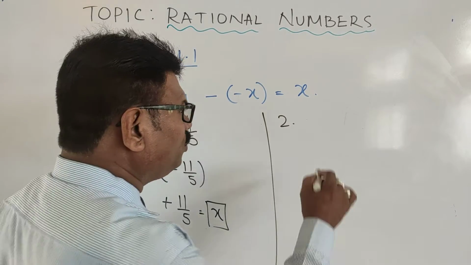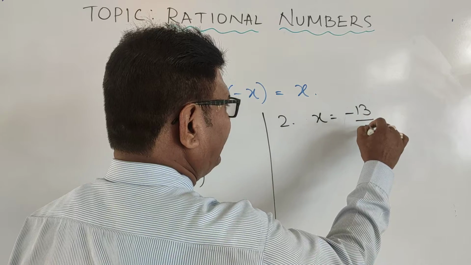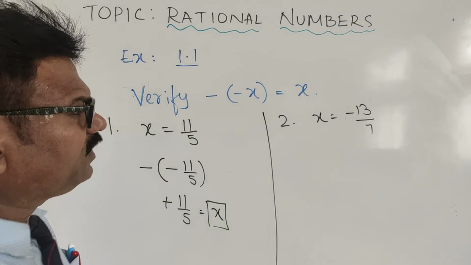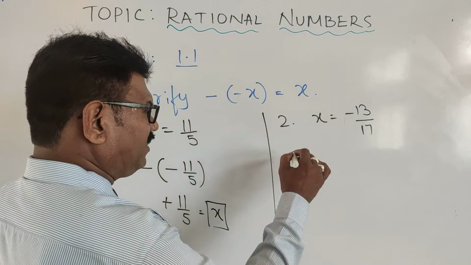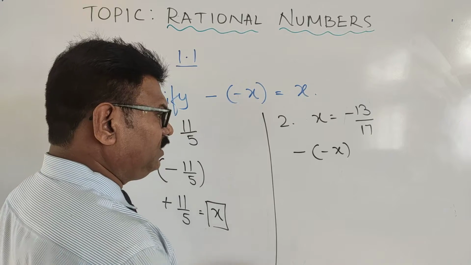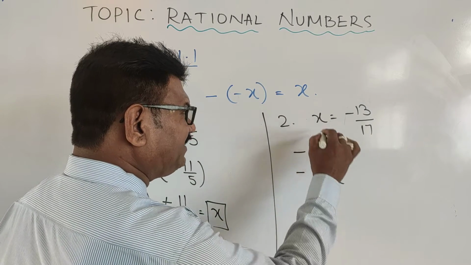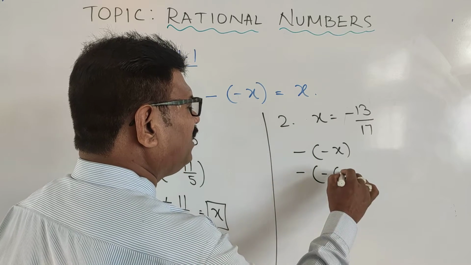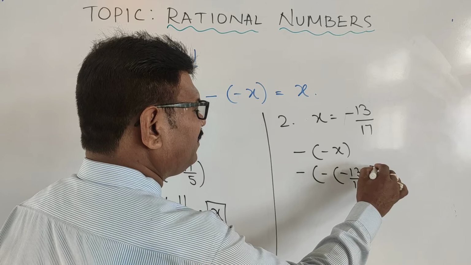Second question. If x equal to minus 13 by 17. Very simple. Now take minus of minus x. See now, minus, again minus. What is x here? Yes, minus 13 by 17.